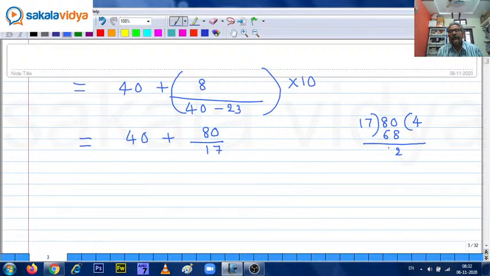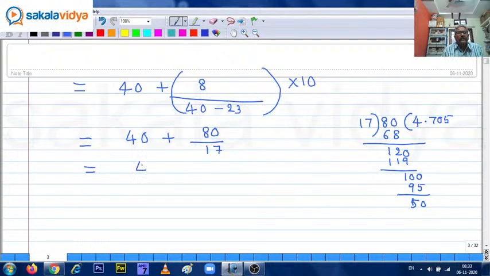Subtracting, you will get 12, then 0, decimal point. 17 sevens are 119. Continuing the division, you get approximately 4.705.